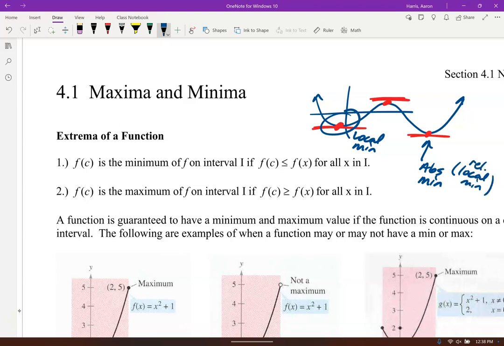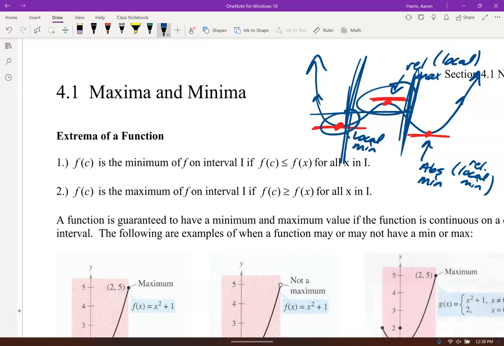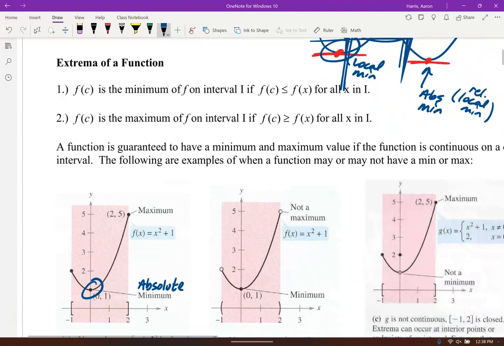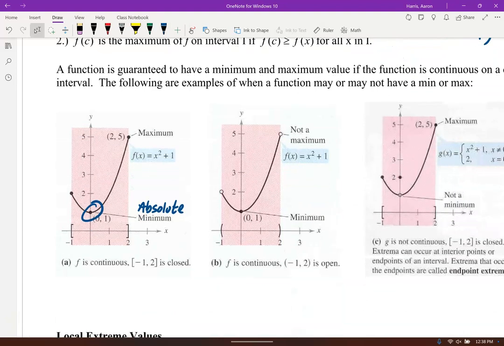Now this one obviously goes up and up, so there's no highest point, but you do have a relative or local maximum right there, meaning in that area, if I just look in that area, it is the highest point, right?